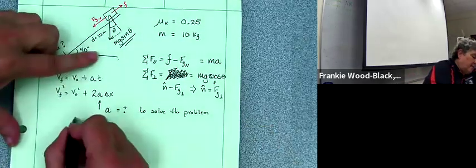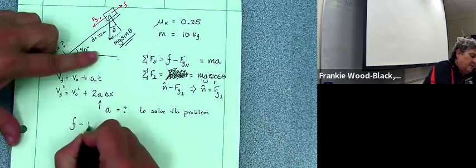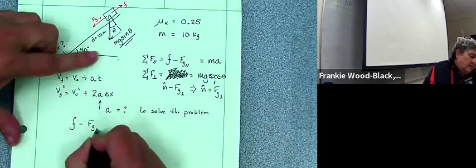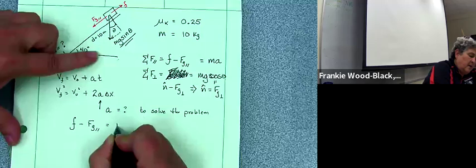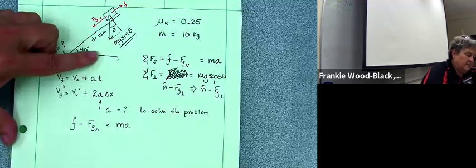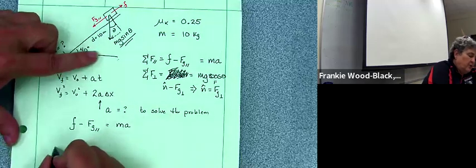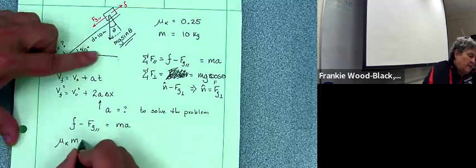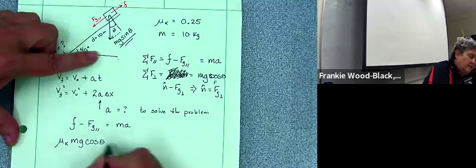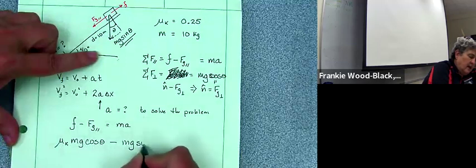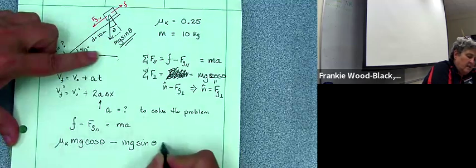Okay, so I've got my force due to friction minus my force due to gravity parallel is equal to my mass times my acceleration. My force due to friction is my coefficient of kinetic friction, mg cosine of theta, minus mg sine of theta is equal to ma.